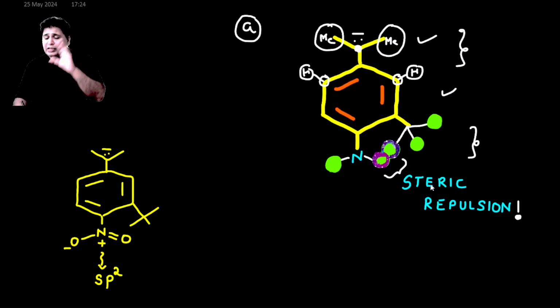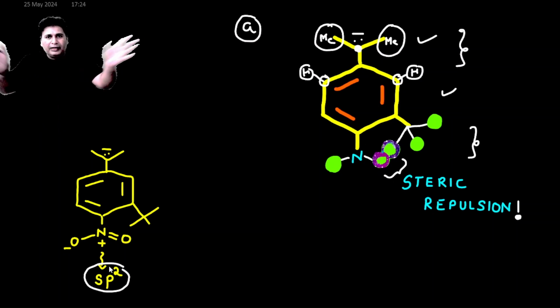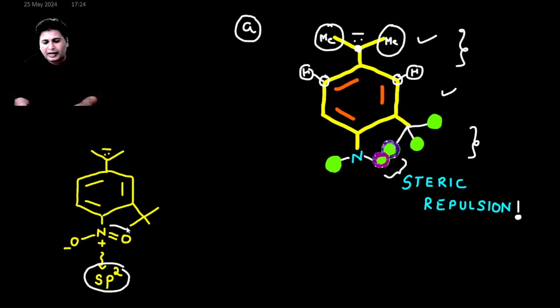If you see the bottom part, this NO2, you understand the nitrogen is sp2 hybridized, and being sp2 hybridized, it is trigonal planar. It tries to occupy the space from left as well as right. As it tries to occupy the space, the tertiary butyl group, a bulky group with 3 methyl groups, comes into play.